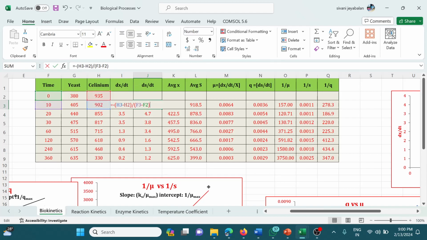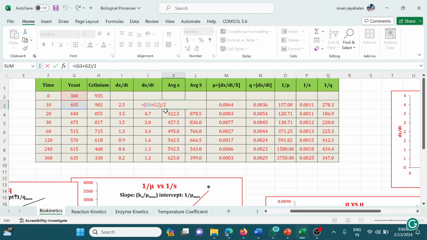And how your substrate, your selenium, is getting consumed, you have to calculate here. Then find average yeast concentration, that is x1 plus x2 divided by 2. That's how you fill this column.